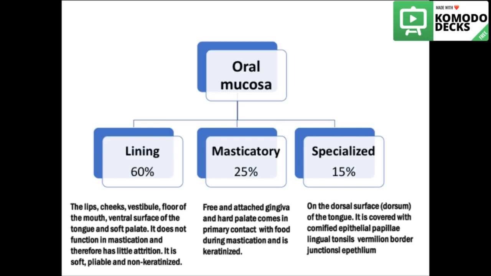This is the labial mucosa, buccal mucosa, alveolar mucosa, the floor of the mouth, the ventral surface of the tongue, and the soft palate. This mucosa functions little in the mastication, and therefore there are no high friction forces. It is therefore soft and pliable and non-keratinized.